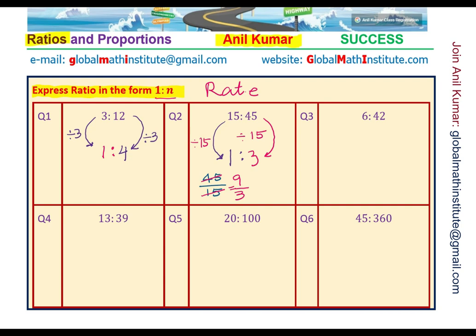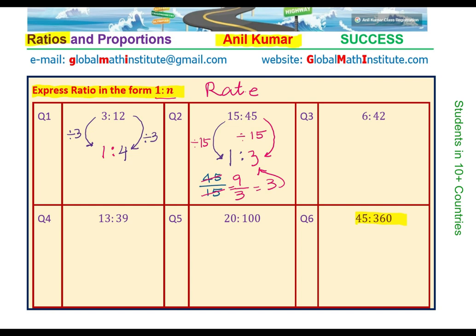And then again, we can divide them by 3, writing this as 3 here. So that is how we could get the term 3 by step division or simplification of a fraction, right? I've just shown you this because sometimes it may be required, especially when the numbers are high. For example, the last one, 45 to 360. You can try this out by following the method which I've just discussed with you.